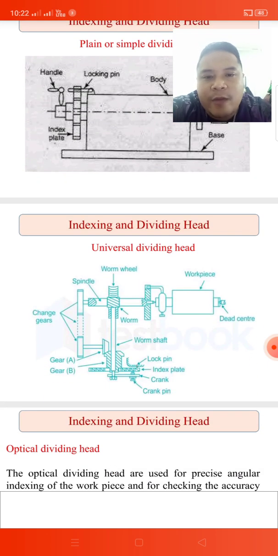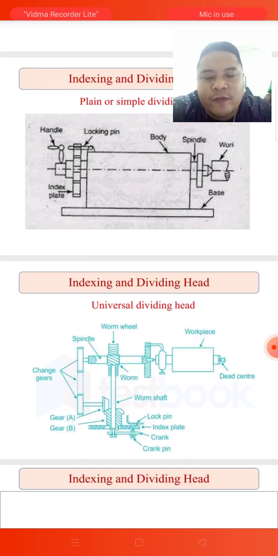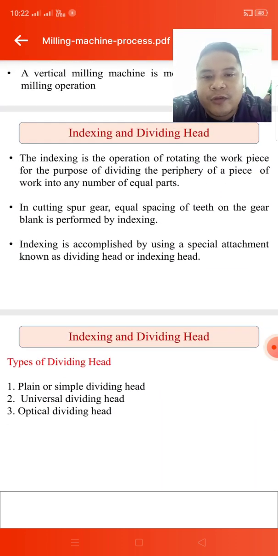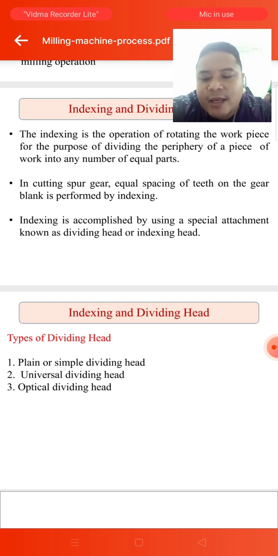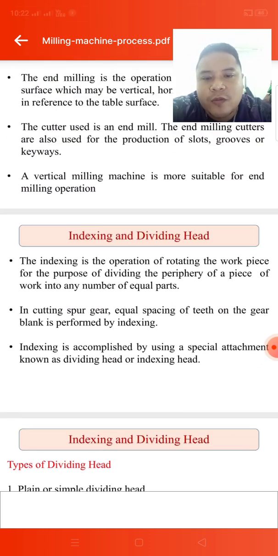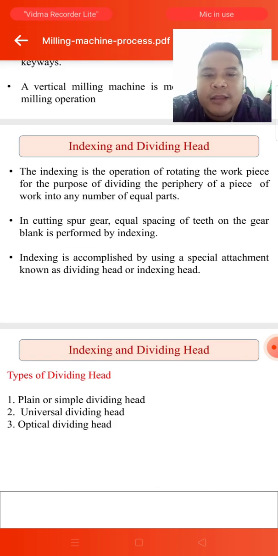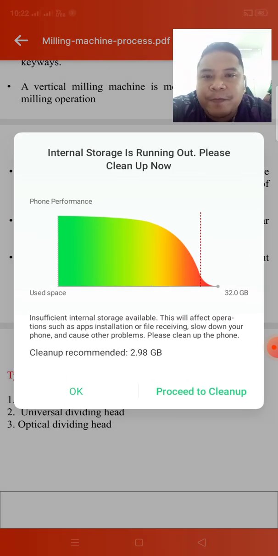The types of indexing are plain and universal, and the calculation for the indexing. I will discuss it later, so it will appear in the final term. Indexing and dividing head are not included in our midterm.